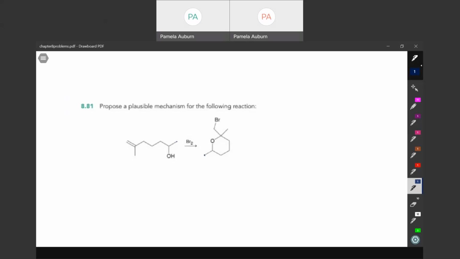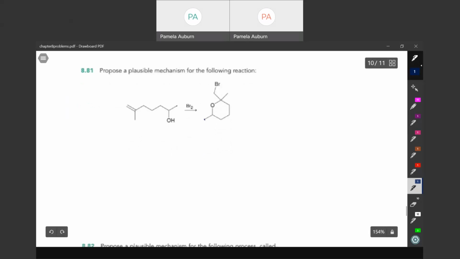What looks like it's happening to me is that I'm going to try and brominate it, but now my alcohol is at the other end of the molecule. So it's kind of like having water around, but it is even more effective than having water around because it's an internal, intramolecular reaction. I get intra and inter confused all the time, so sorry about the hesitation.